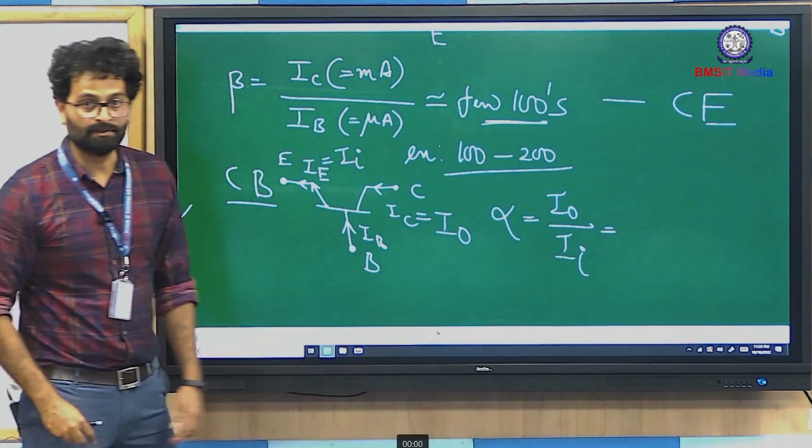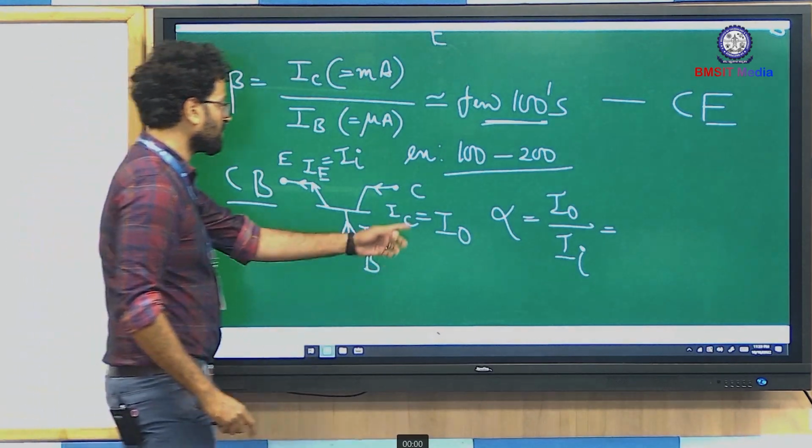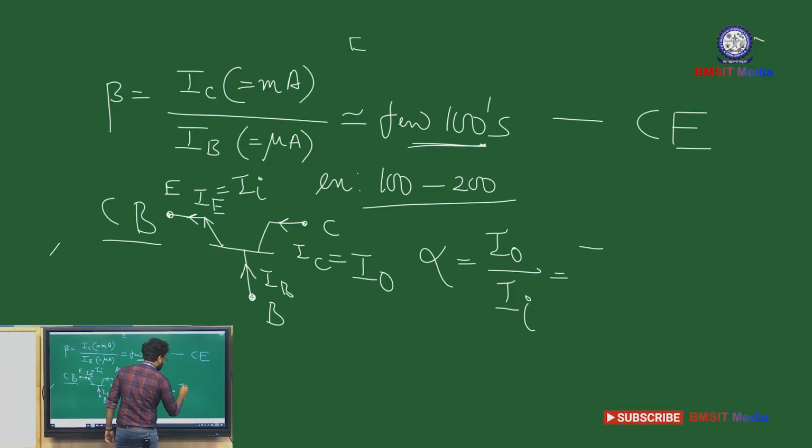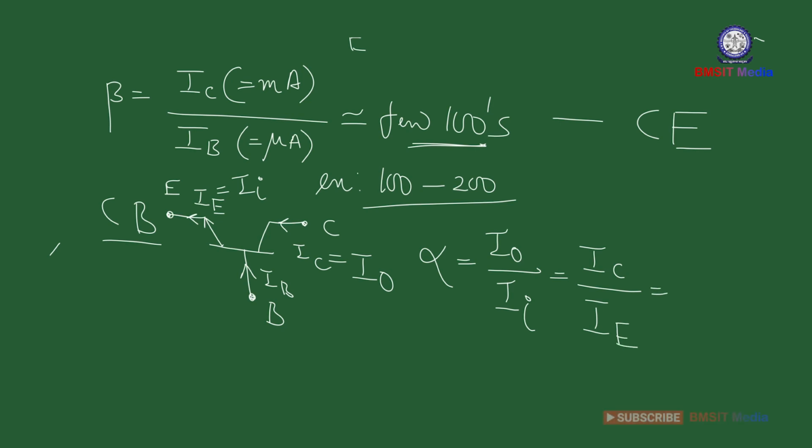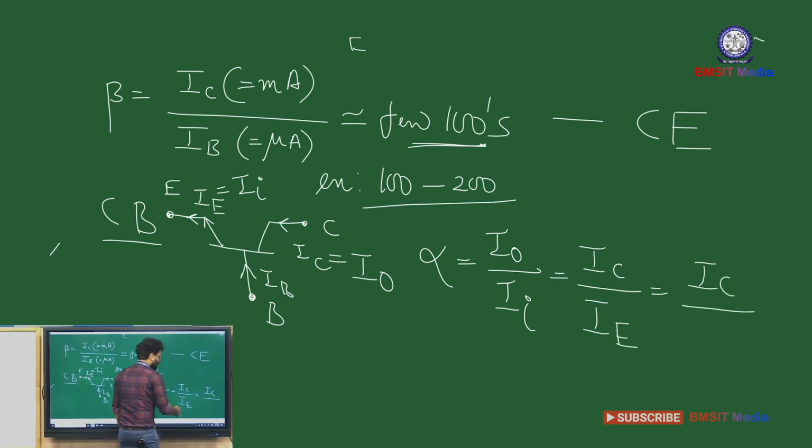So output current to the input current. So what's your output current? Output current is IC. And what is your input current? Input current is II, which is nothing but IE. Or you can write IC divided by IE. So what is the transistor current equation? IE is nothing but IC plus IB.